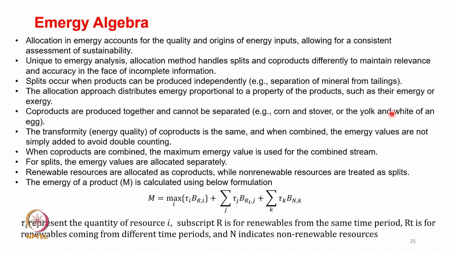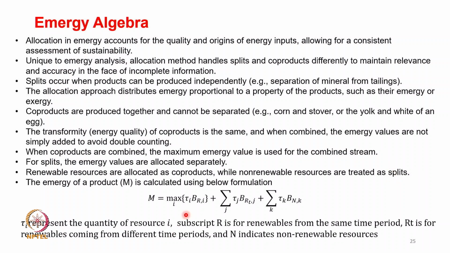Co-products are produced together or cannot be separated, so the transformative factor of co-products is the same. These are some of the ideas that we consider while using emergy calculations across boundaries. For splits, the emergy values are allocated separately. Non-renewable resources are allocated as co-products, while the renewable resources are treated as splits.